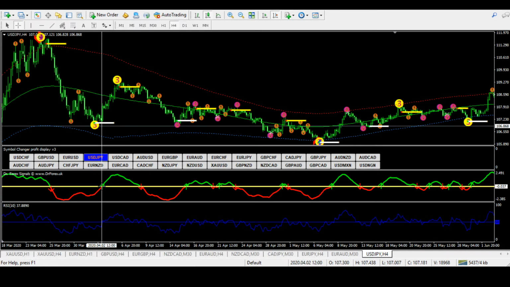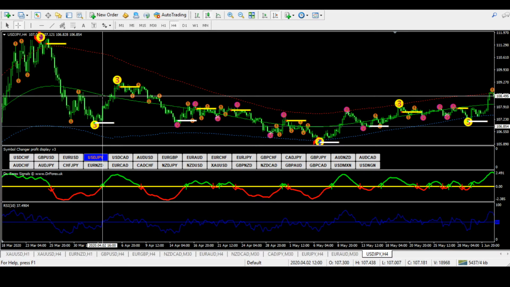So we enter a buy on the next candle here, which would have been about 107.23. My take profit will be at the middle, which would have been 108.45.